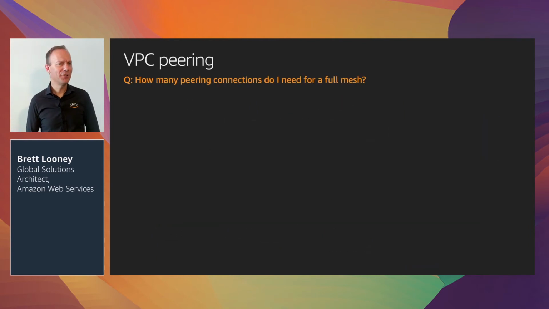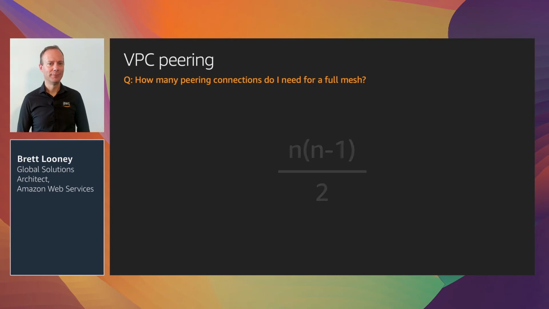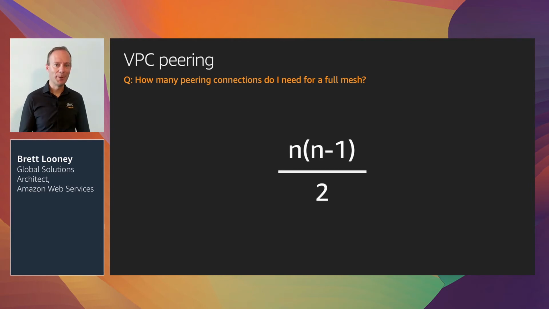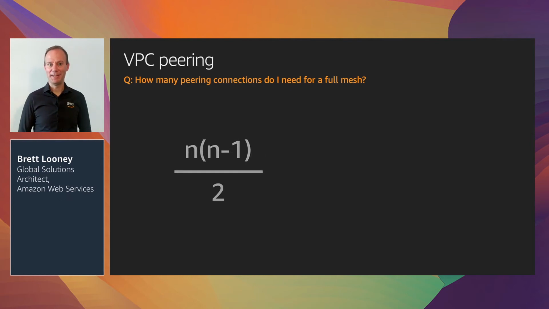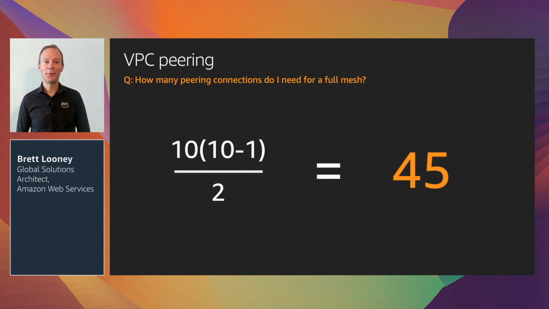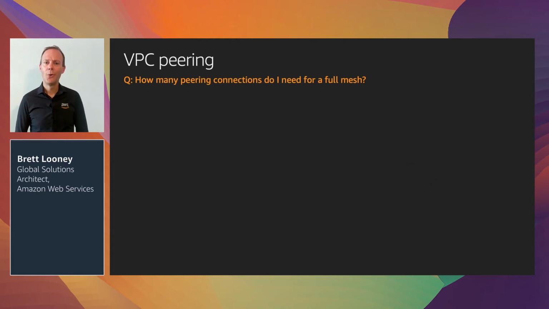So how many peering connections do you need if you want to have a full mesh? So we have this simple formula. Let's imagine that we have 10 VPCs. Great. That's 45 peering connections. 10 VPCs doesn't sound like a lot, but 45 peering connections and 45 route table updates at least seems like a big thing. What happens if you have 100 VPCs?